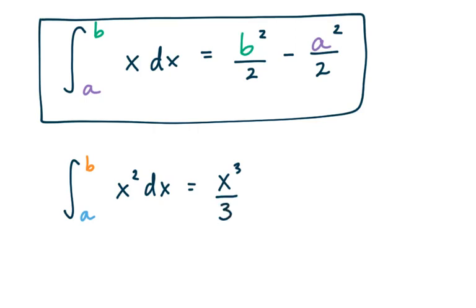So if I had x squared and I wanted to solve this, I would need to evaluate that from b to a. And my calculation would then be to plug in b cubed over 3 minus a cubed over 3. So I hope you see here what the pattern is that we're going to use for definite integrals for solving to find the value of that area under a curve.